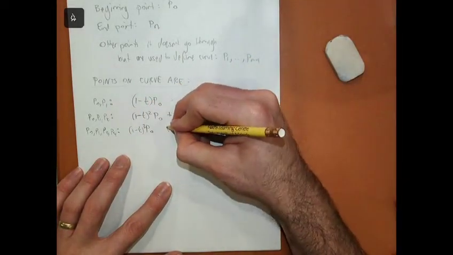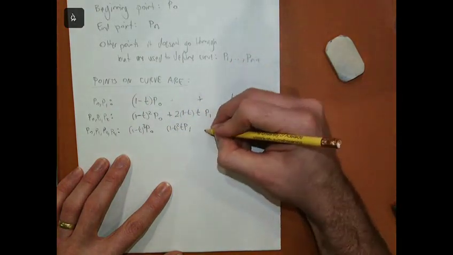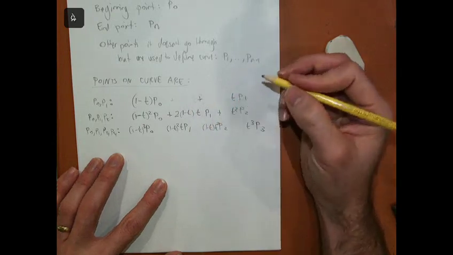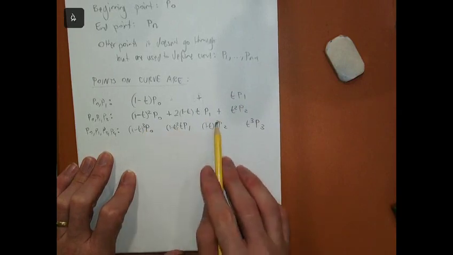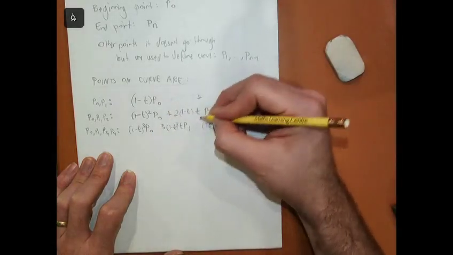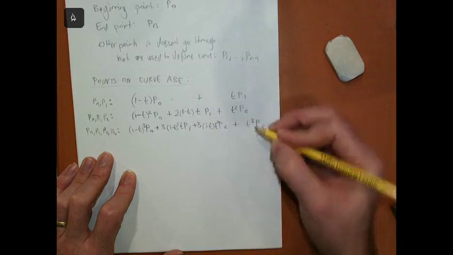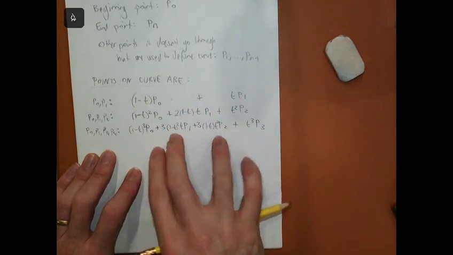And these ones will be 1 minus t squared times t, and 1 minus t times t squared. As you can see, the powers of 1 minus t are going down and the powers of t are going up, and these will both be 3's. So these coefficients here, we have 1, 1, 1, 2, 1, 1, 3, 3, 1.